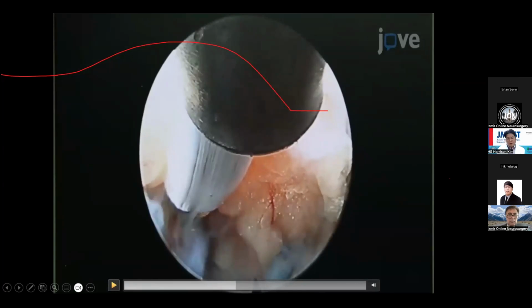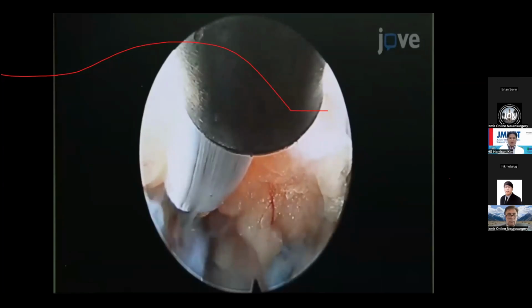Also, I always dock my working channel at this Kambin's triangle, not inserting into the disc space, not yet opening the foraminectomy. But if some foraminectomy is needed at that time, I use the endoscopic drill foraminectomy and then proceed.